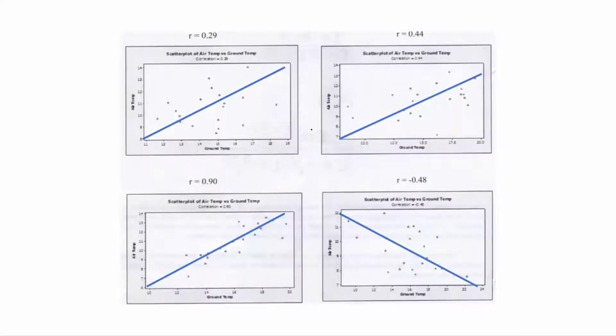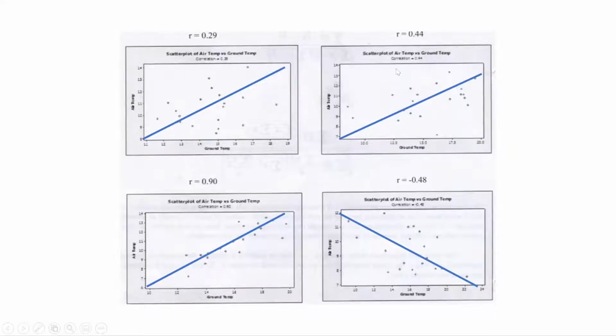So here, in the top right corner, we've got R is equal to 0.29. So there's a somewhat positive correlation between X and Y. Here we've got 0.44.